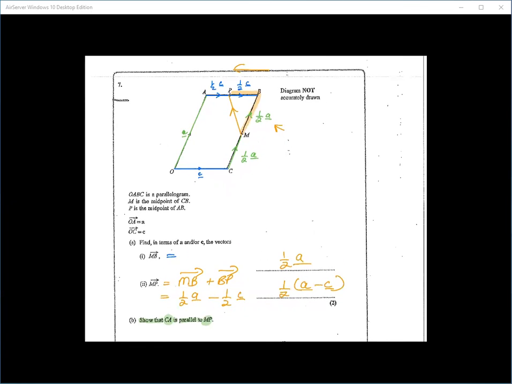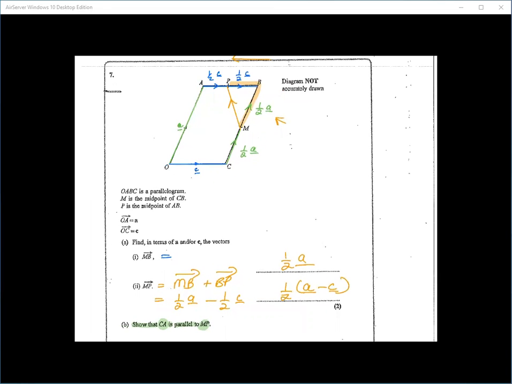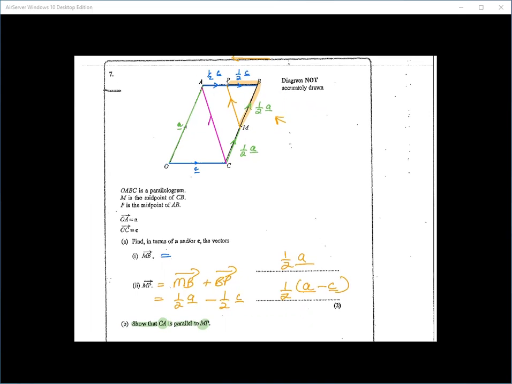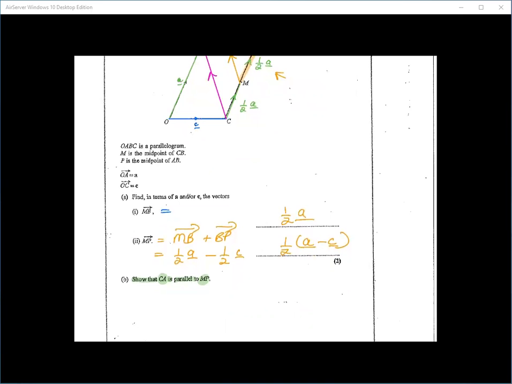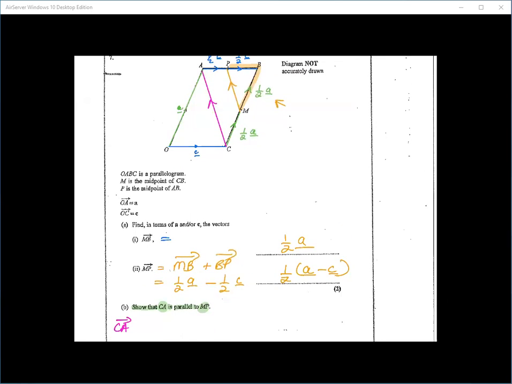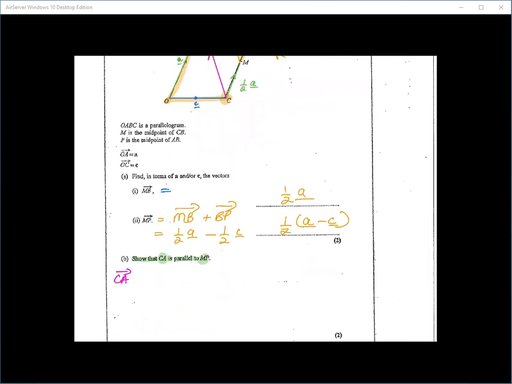Show that CA is parallel to MP. Now C to A. So that's this one here. Let's get a different color. So we're going from here to there. Did we work out C to A? No, we haven't done that. So give me the direction for C to A. Which way would you want to go for it? You go from C to O, and then O to A. Okay, that'll do.